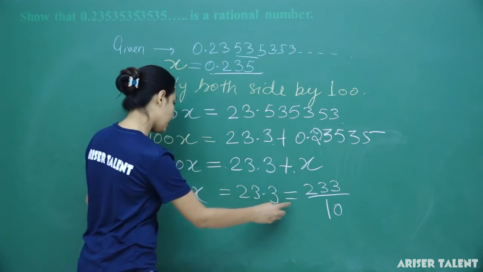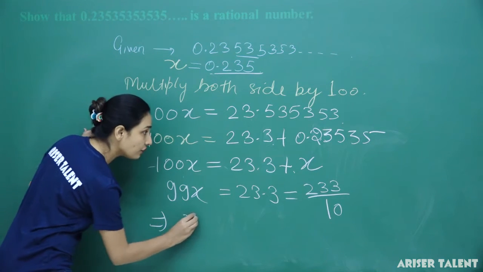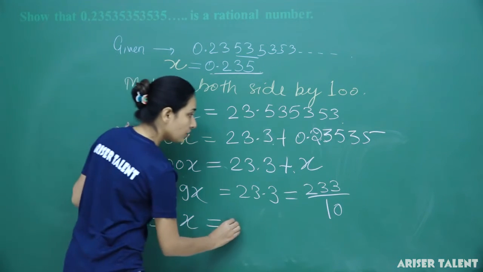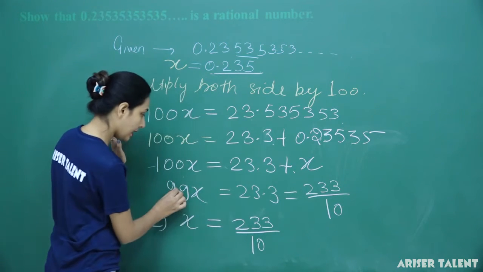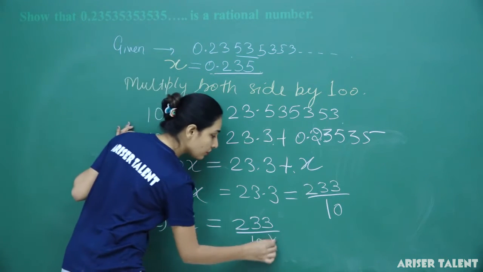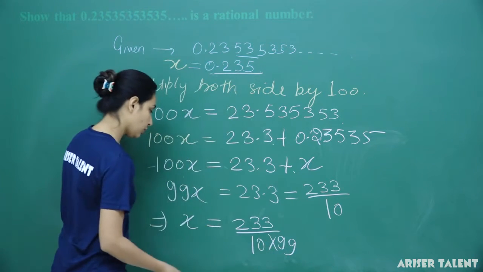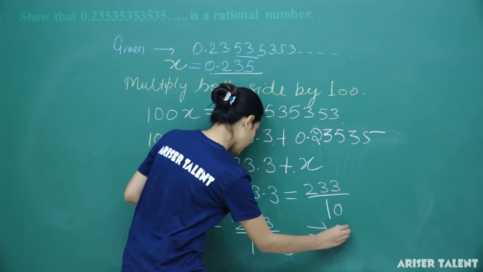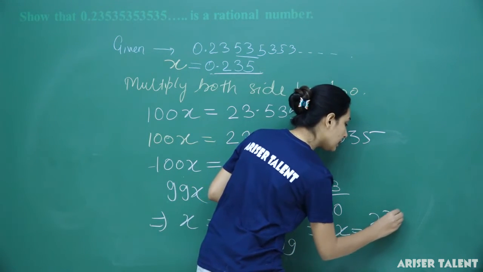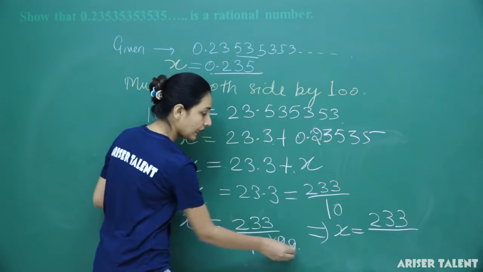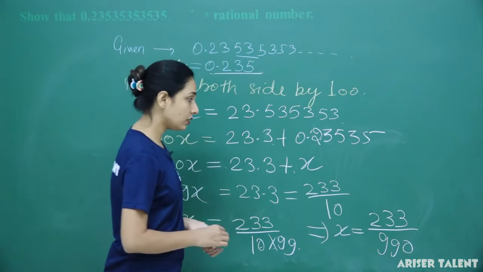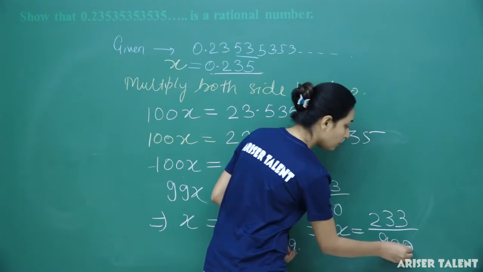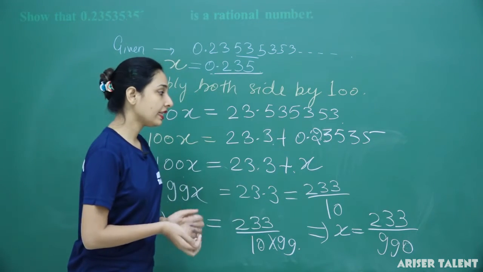Now this is something I can relate, that x will be equals to 233 by 10 and that 99 will come also here. So what will I conclude, that x will become 233 by 990, isn't it?